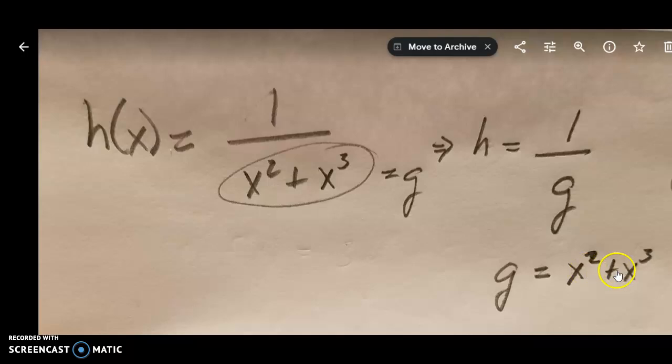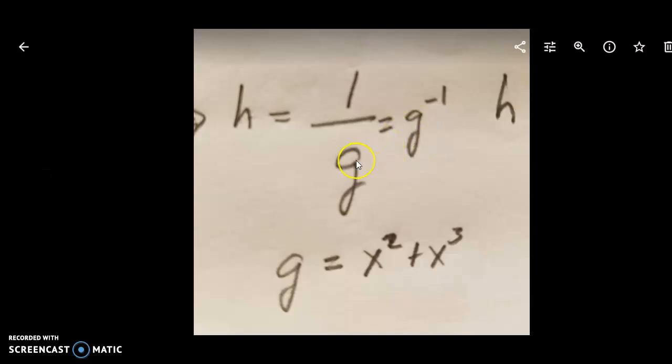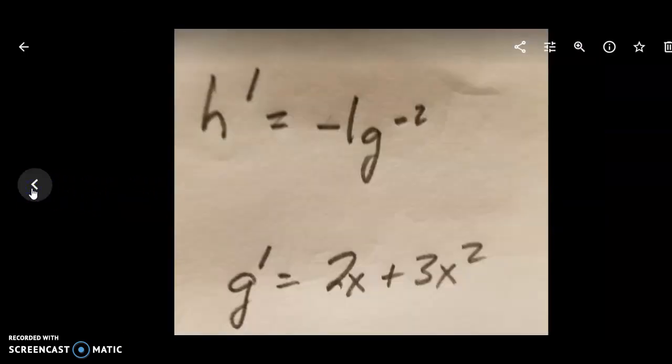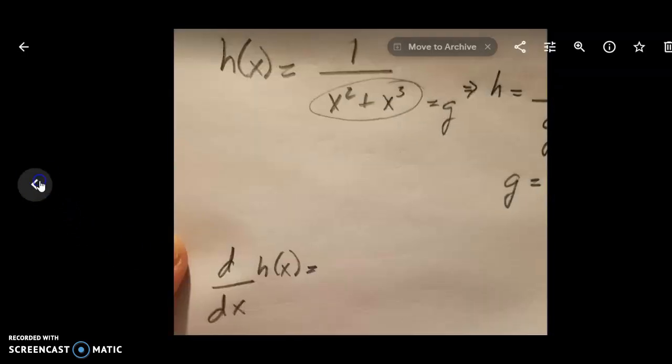And g can be x squared plus x cubed. Now I'm starting to move into a sort of new notation. First of all, 1 over g is the same as g to the negative 1. So when I take its derivative, you can see it's negative 1 g to the negative 2 power. And then g prime, of course, is 2x plus 3x squared.